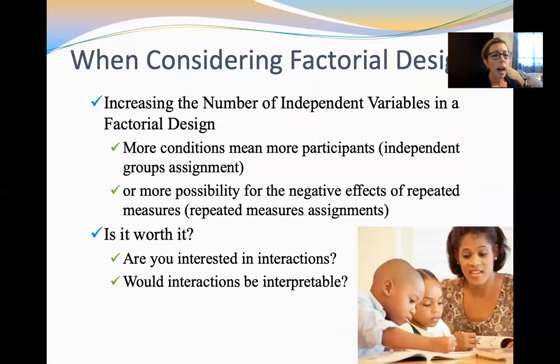Okay, so how do you decide whether to use a factorial design? Well, more conditions mean more participants. We just talked about that a little bit. If you're going to do a between subjects design, so you're not giving multiple conditions to the same participant, that means a lot more participants, especially depending on how many factors and how many different levels you're looking at.